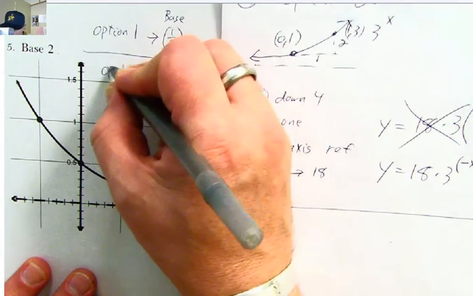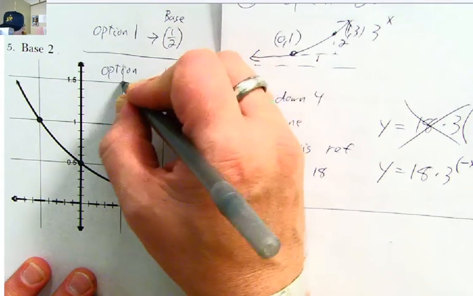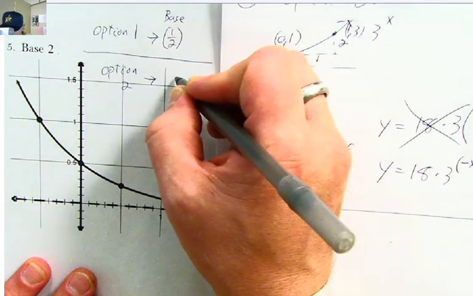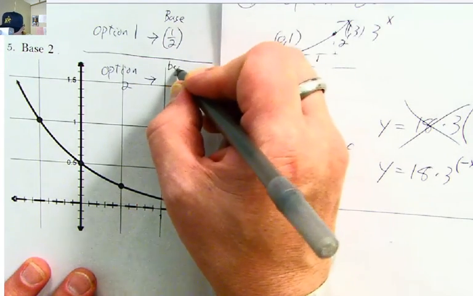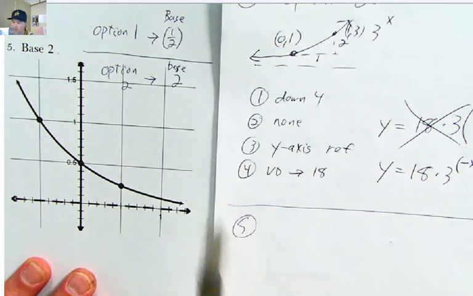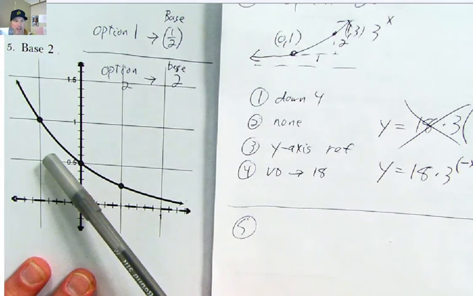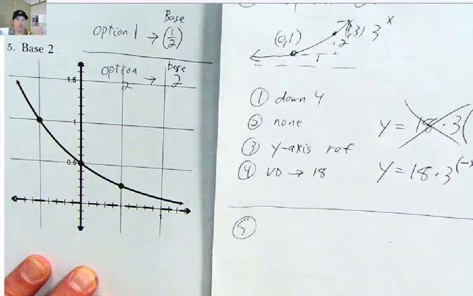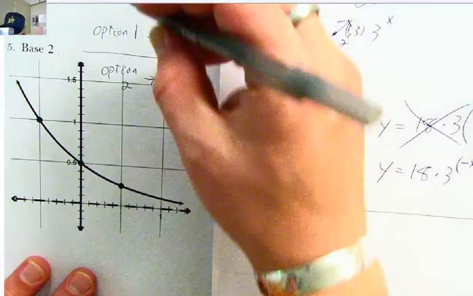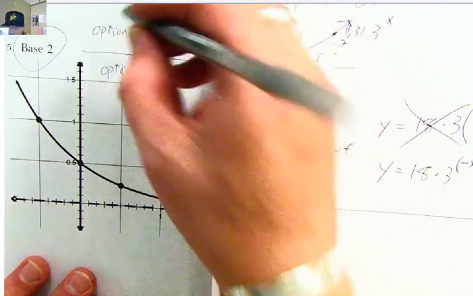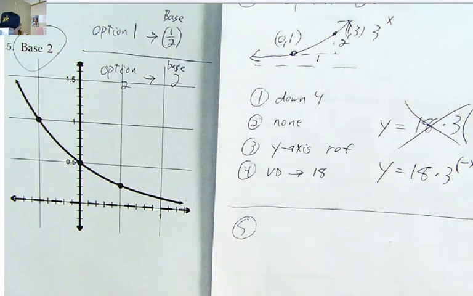Whereas if you're option 2, you're going to want to use the base 2. So if you're option 1, you will not have a y-axis reflection, whereas if you're option 2, you will. I tell you what, I'm going to do it just as it reads. I'm going to do this as a base 2 graph.